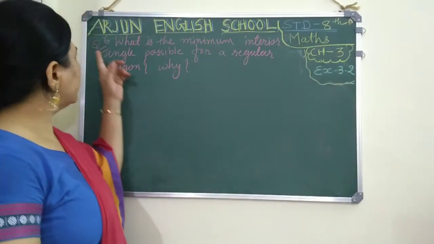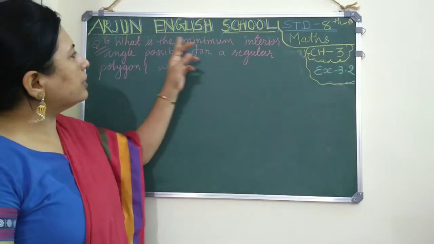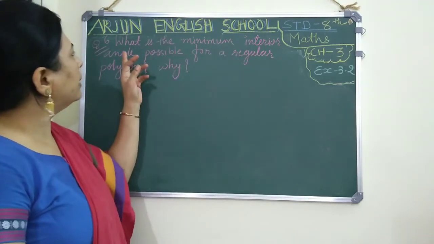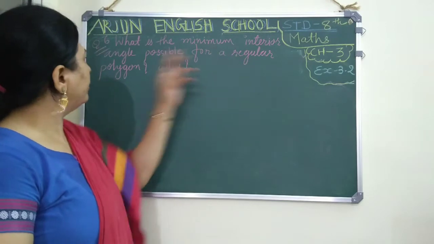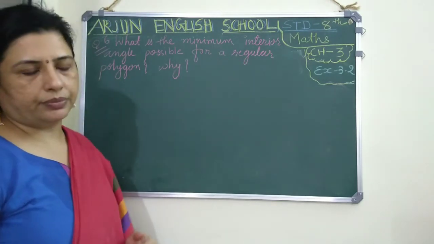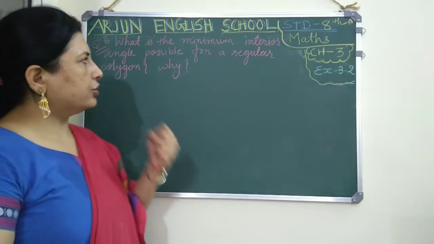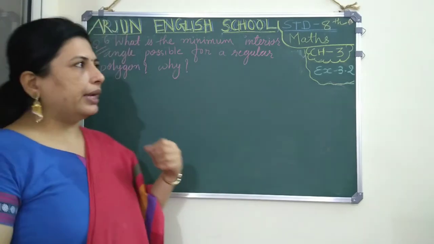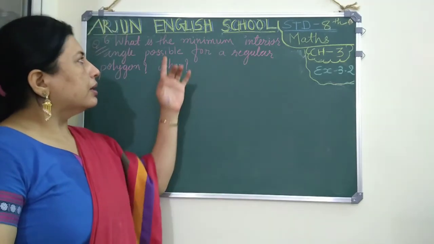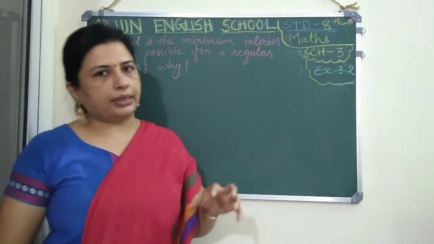Now question number 6. What is the minimum interior angle possible for a regular polygon? Why? Now, first of all, we can understand that minimum sides are 3.